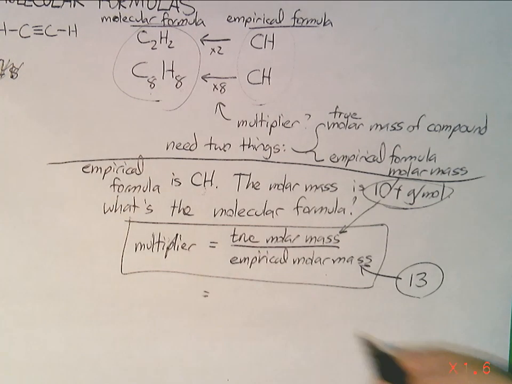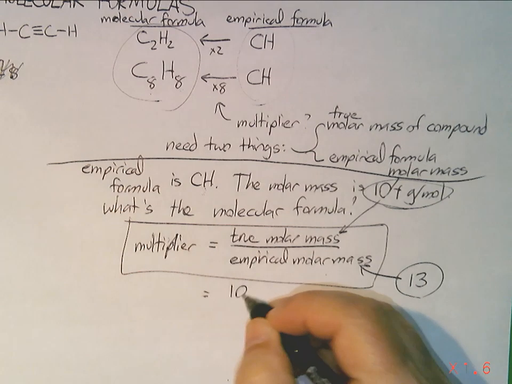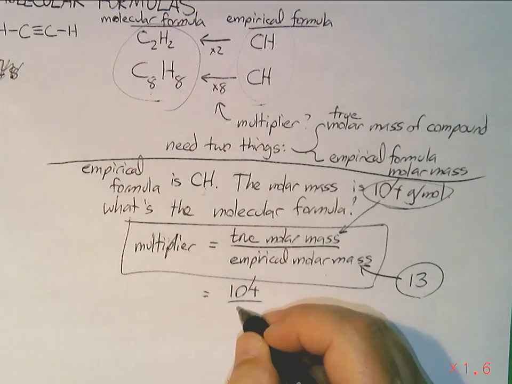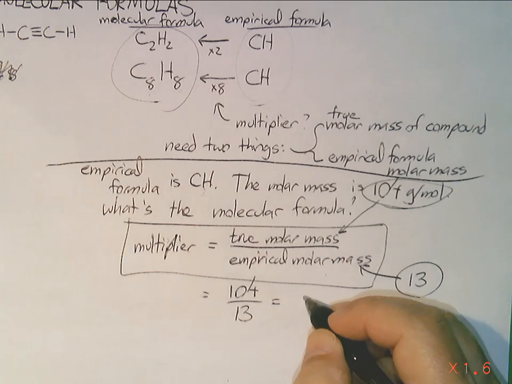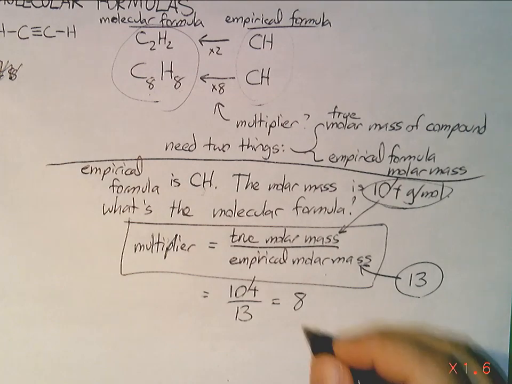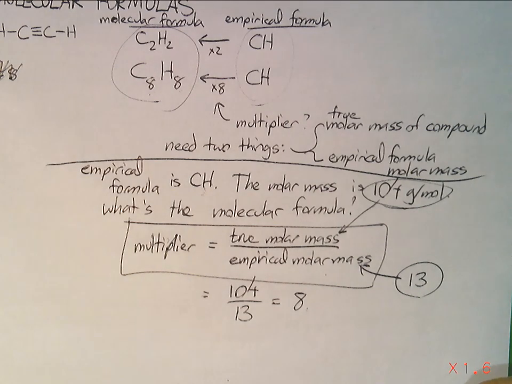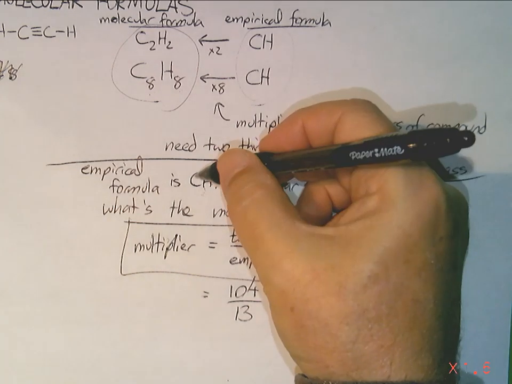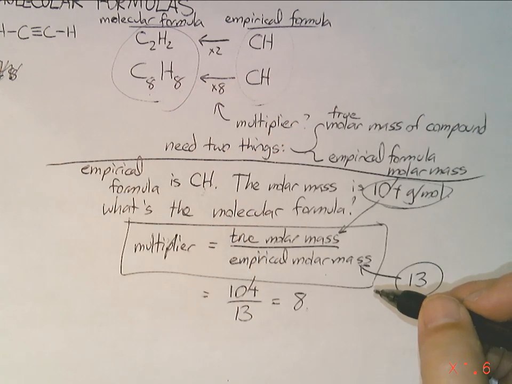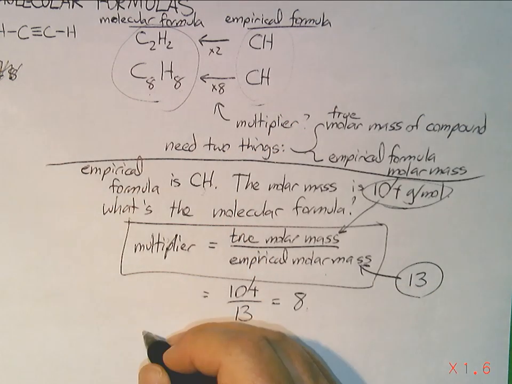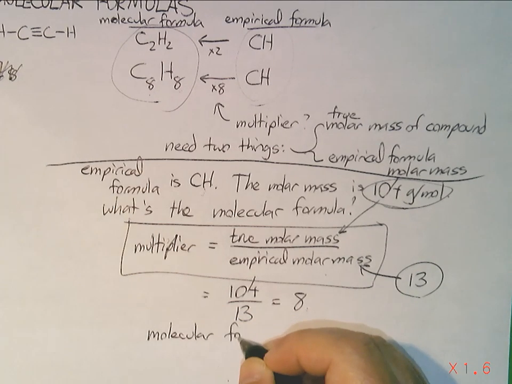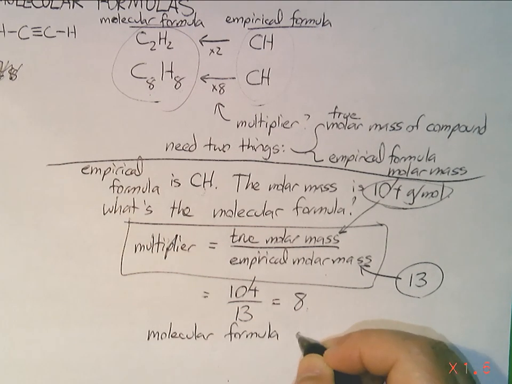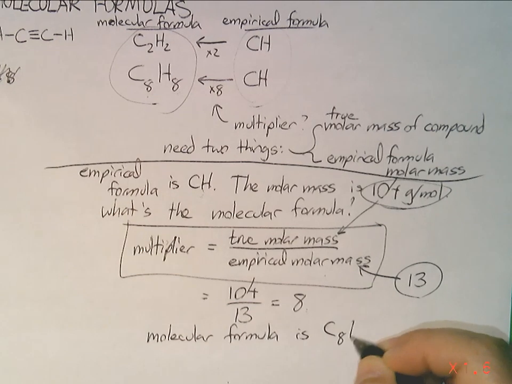So my multiplier is going to be equal to 104 over 13, which should come out to be 8. So if the multiplier is 8, then that means I multiply all the subscripts in the empirical formula by 8. So the molecular formula is C8H8.